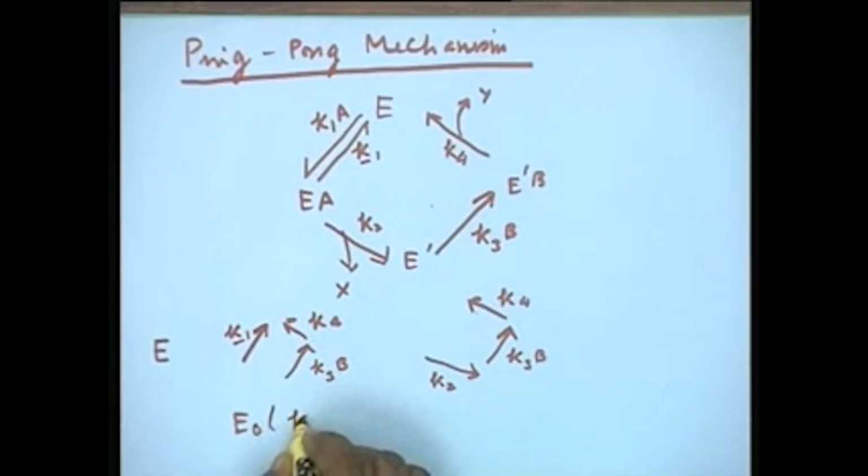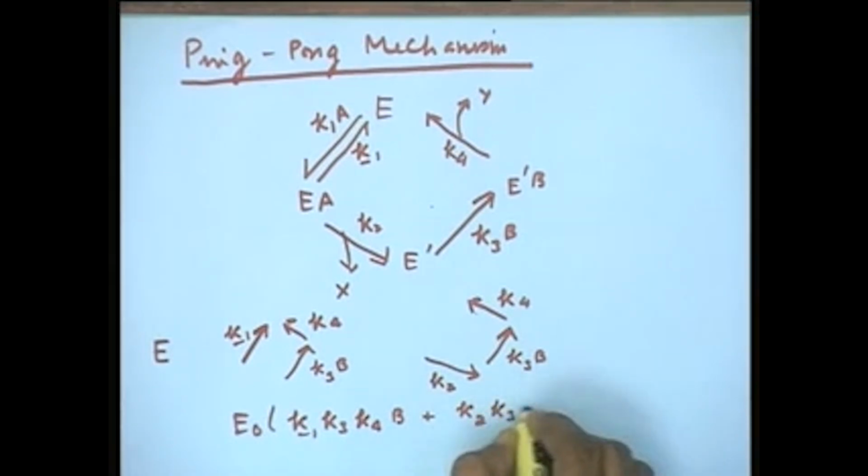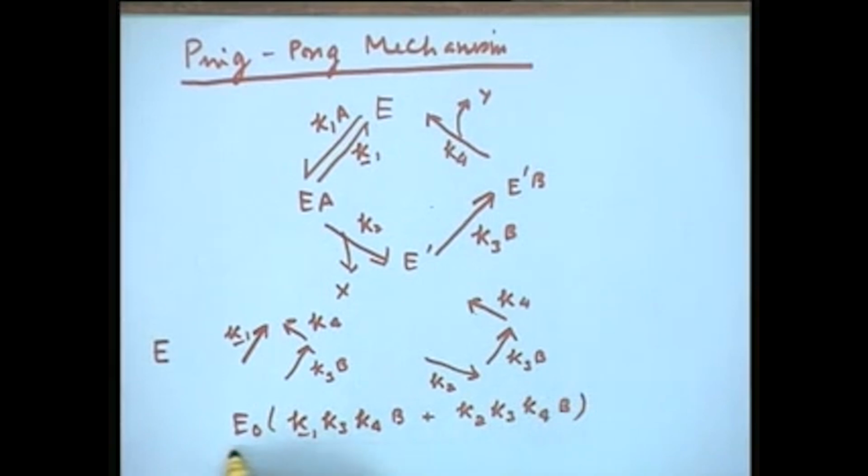The relative concentration of the enzyme species E will be E naught, K minus 1, K3, K4 into B plus K2, K3, K4 into B, upon sigma.